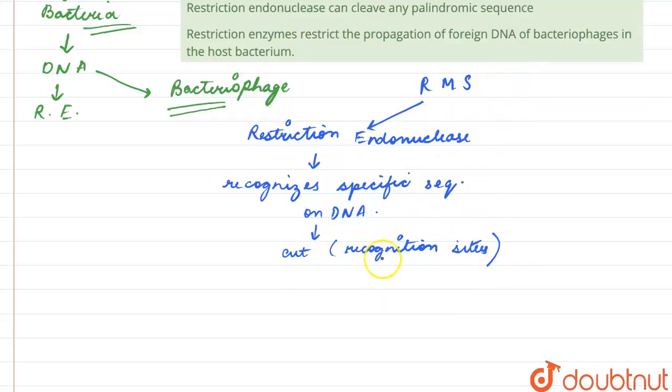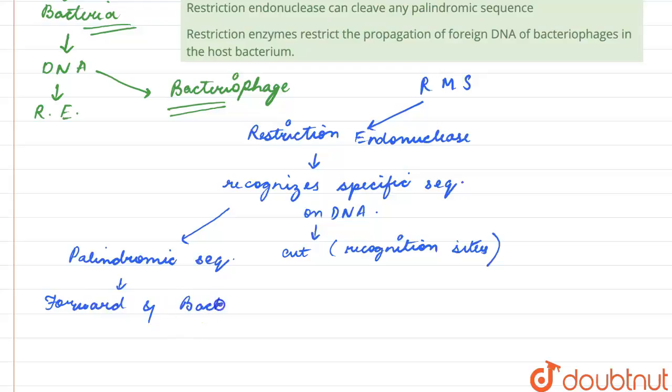And these sites can also be palindromic sequences. What are palindromic sequences? Which can be read forward and in backward direction, and they will still read the same. So these are called palindromic sequences.